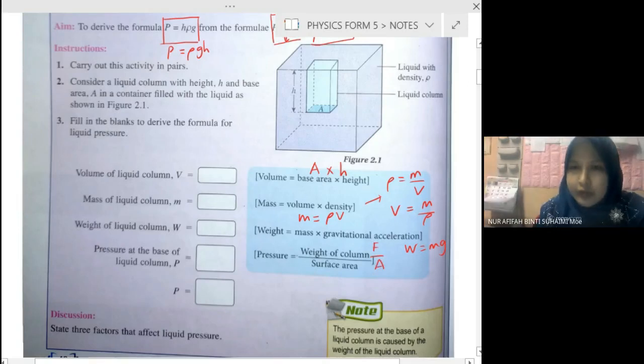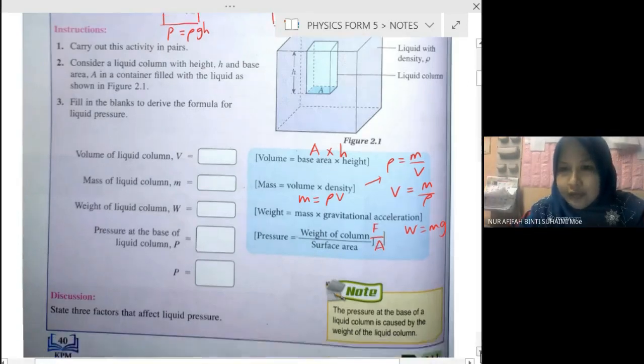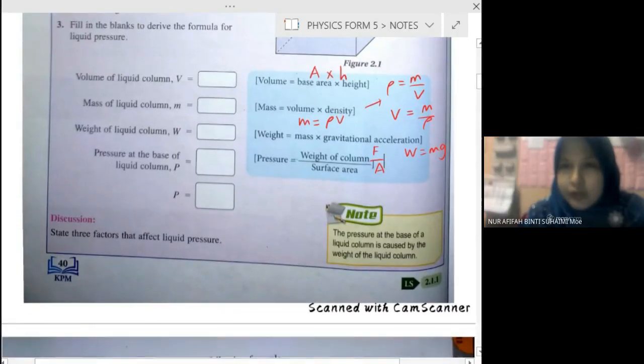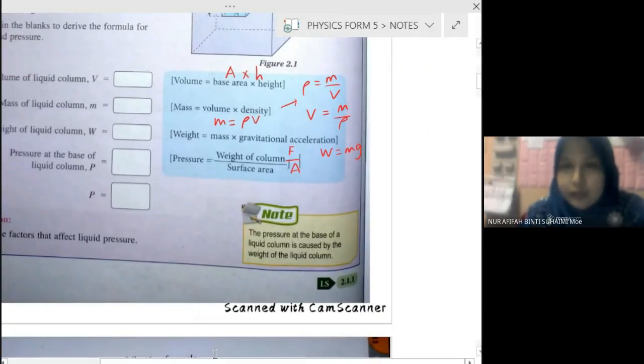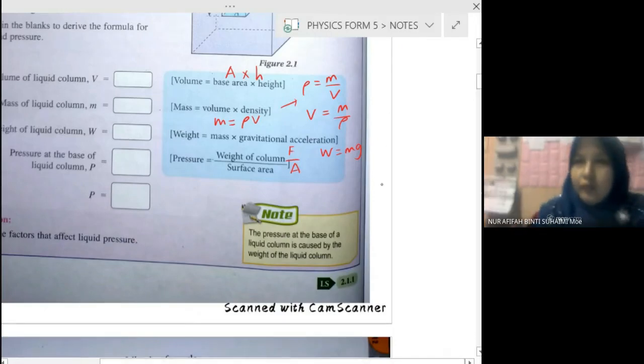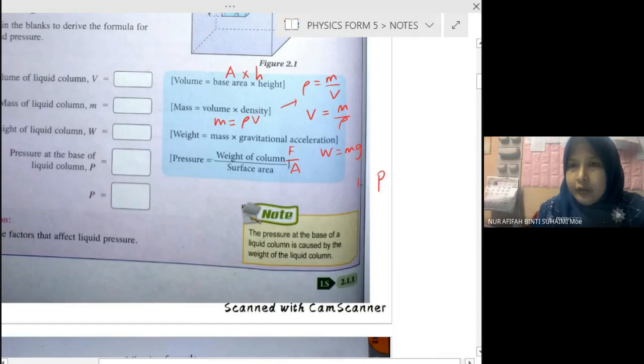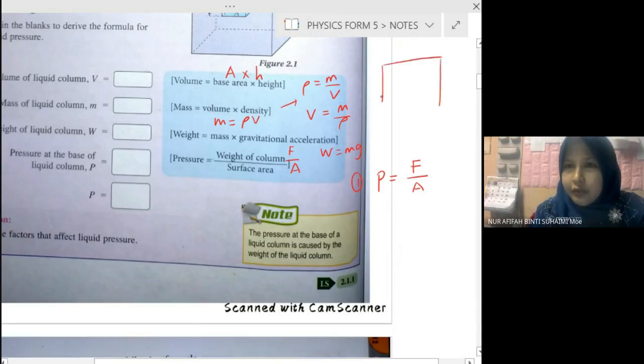So how to derive? Saya nak tunjuk dekat tepi ni. You have learned P equal to F over A. So where does the F come from? For the pressure exerted on an object in liquid, let's say ini ada tank full of water, and we have an object or a point here. There's a pressure exerted on this object.